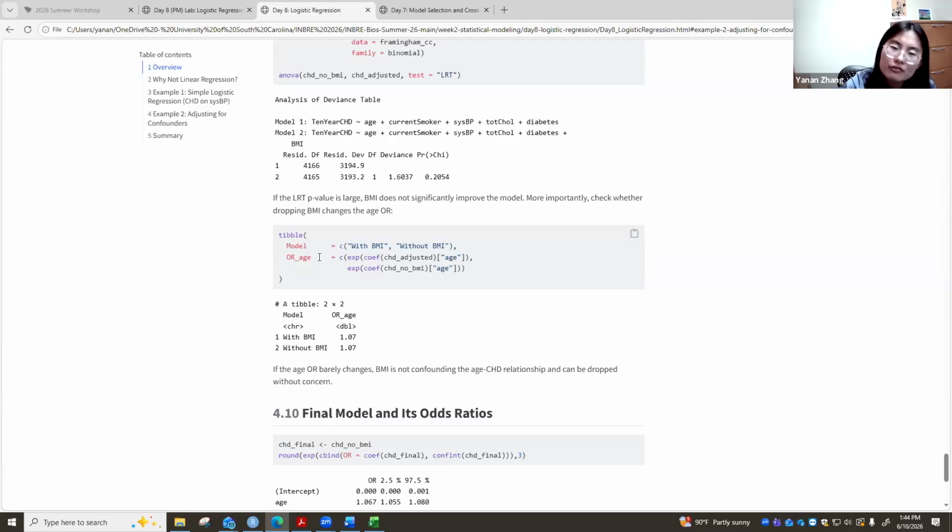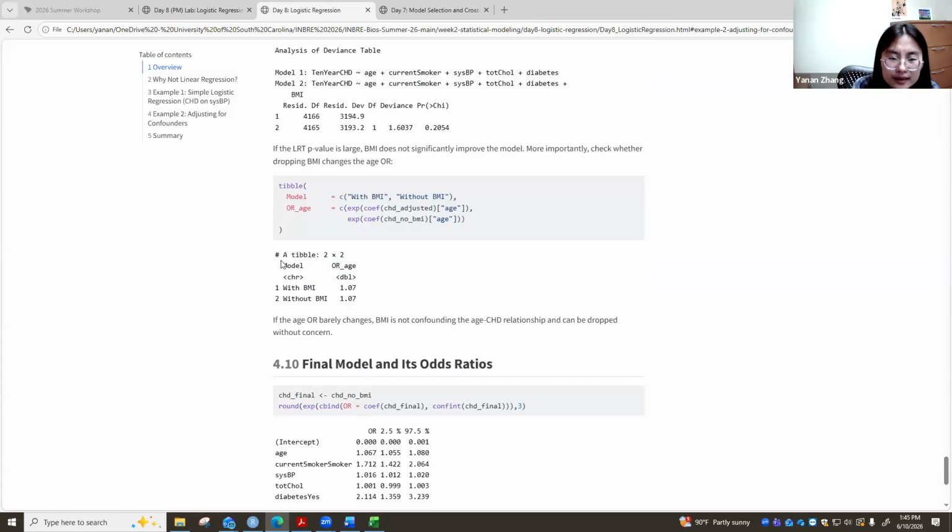If we remove BMI from the model, what's the effect of age? Does that change a lot? Here we can see with BMI, the effect of age, measured by odds ratio, is 1.07, and without, it's also 1.07, almost no change.